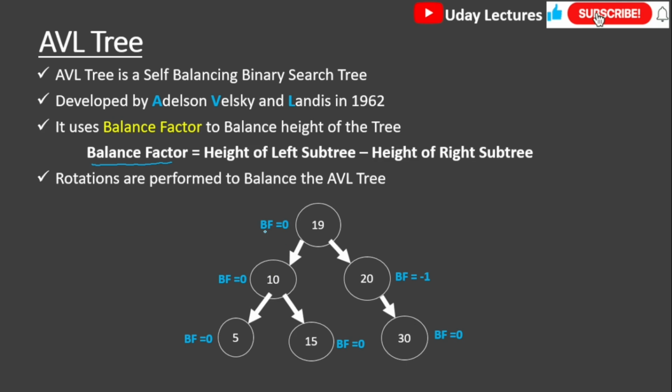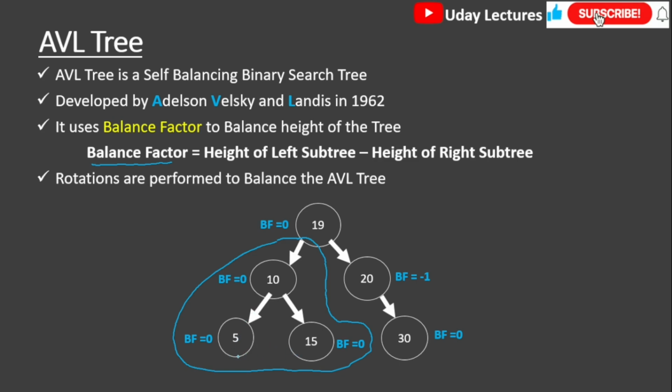The balance factor for this particular node, which is the root node, is 0. How did we compute this? First, what does the height of the left subtree mean? This is the complete left subtree, and the deepest leaf node in it is considered to calculate the height. For example, the deepest leaf node here is 5 or 15.